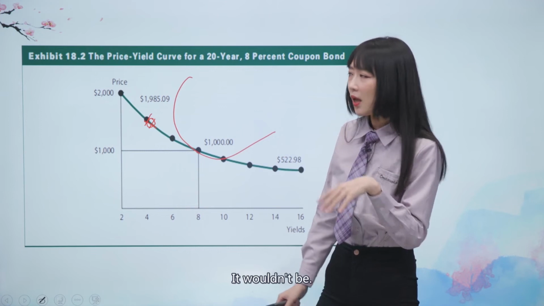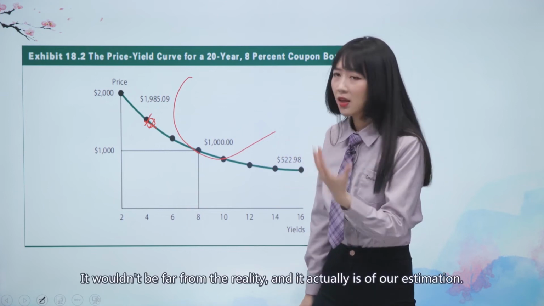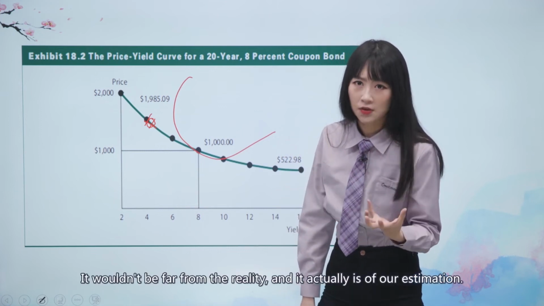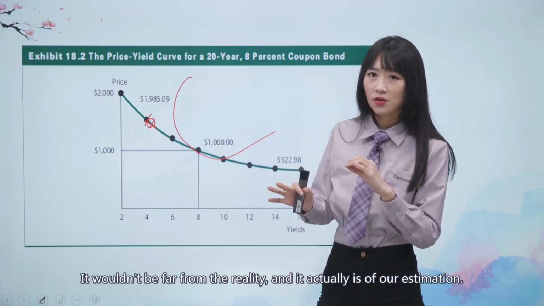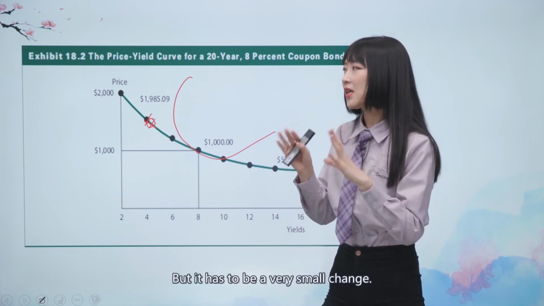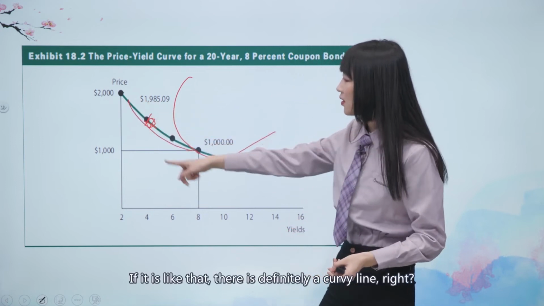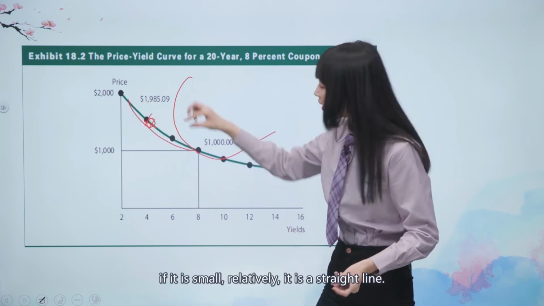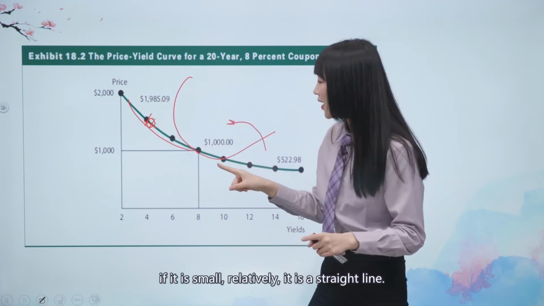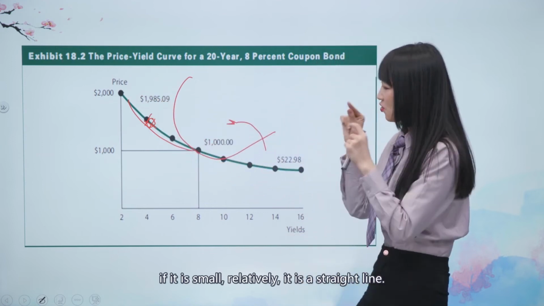It wouldn't be far from reality, and it gives us a good estimation. But it has to be a very small change. If it is large, there's definitely a curvy line, right? If it is small, it is relatively a straight line.